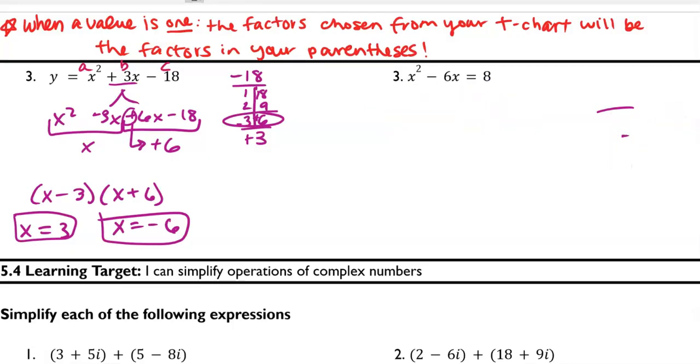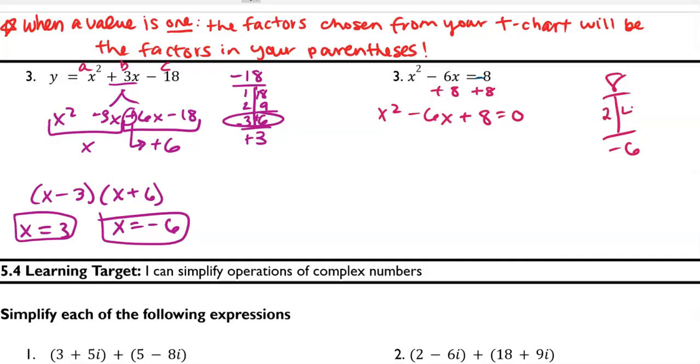So we're just going to go ahead and let's change the equation to say negative 8 here. That way we can add the 8 to the other side, and now we have x squared minus 6x plus 8 equals 0. Now our table will be 8 on top and negative 6 on the bottom.